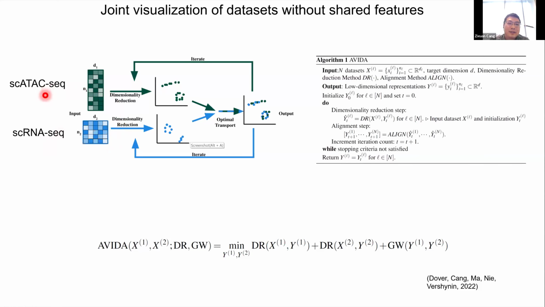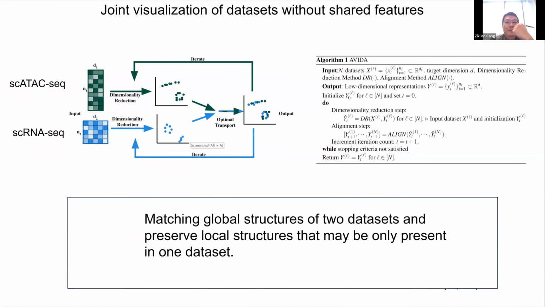But in this example, let's assume we don't know the correspondence between the features, and we don't know the correspondence between the cells either. In this case, we can also use a Gromov-Wasserstein optimal transport to connect two data sets to achieve multi-omics data sets that can potentially help with the cell-cell communication analysis.